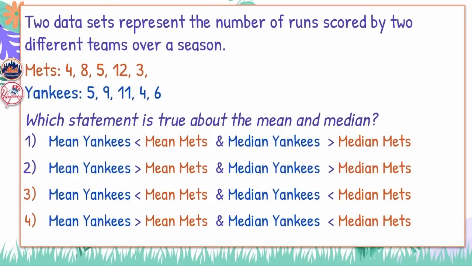Okay. So first thing we can do is maybe put the numbers in order. So 3, 4, 5, 8, 12. And then this will be 4, 5, 6, 9, and 11.